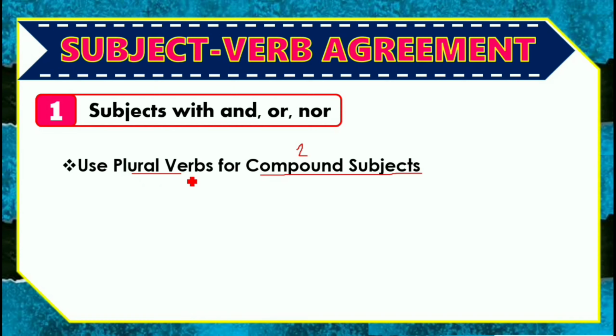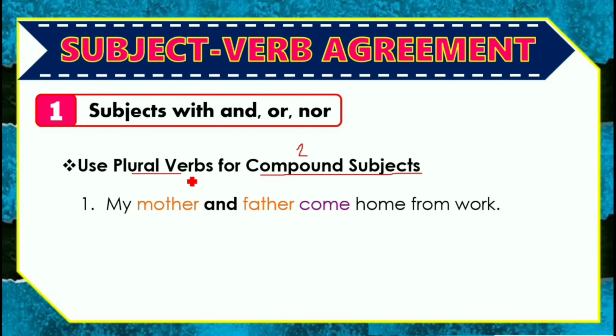Let's start with subjects with and. Example number 1. My mother and father come home from work. So we have mother as our subject and father as another subject joined by the word and. Our verb is come.